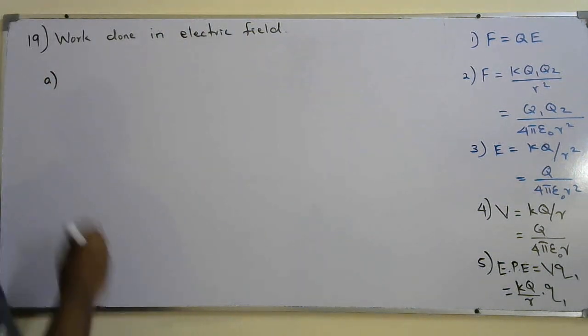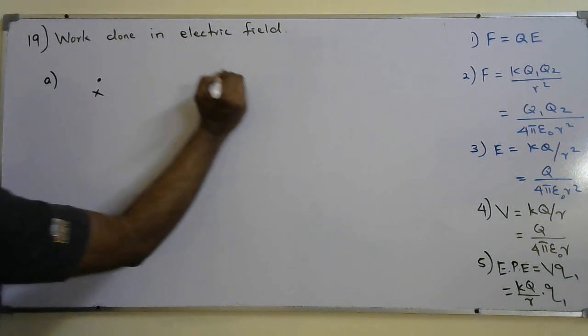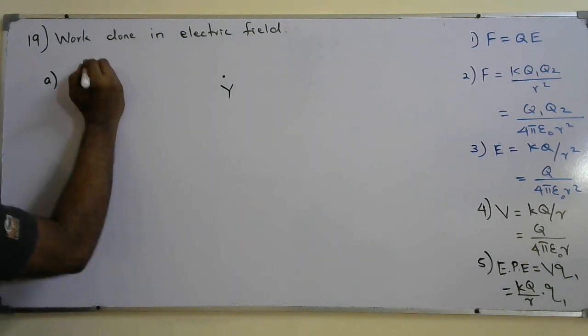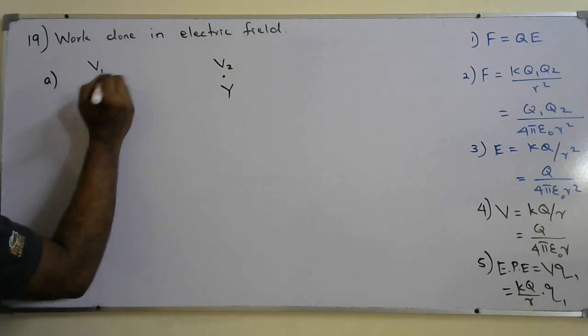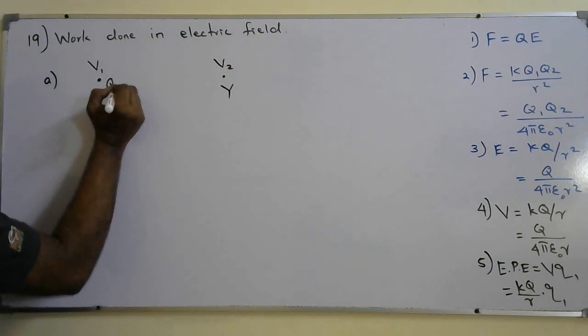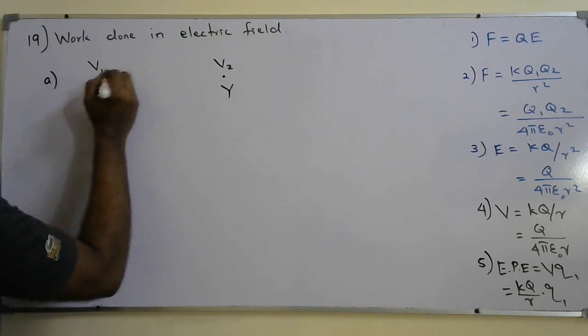Say for example, there are 2 points x and y in space. The potential at point x is V1, and at y is V2. A positively charged particle Q1 is moving from x to y.